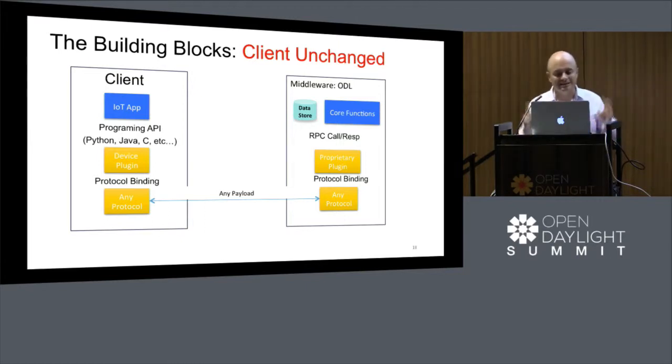Even if the oneM2M stack is very trivial, it's not going to be possible. So you have a proprietary device plugin, you have a proprietary protocol, and you have a proprietary plugin on the other side. We've been faced with that situation in my company, where we wanted to connect to routers, and of course we couldn't make our routers oneM2M compliant.